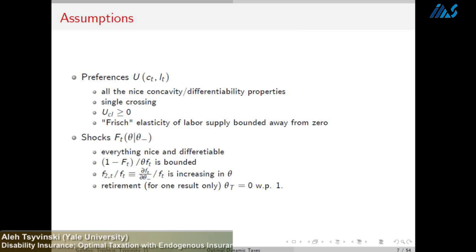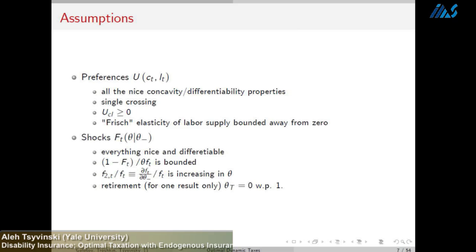I'm going to have the following assumptions on the distribution of the shocks. Again, I'm going to assume nice differentiability. I'm going to assume the boundedness of the tail ratio. And I'm going to assume another property, which I'm going to use for quite a few of the results, that guarantees a certain amount of persistence in agents' types.